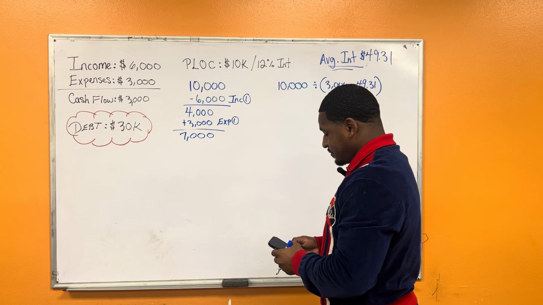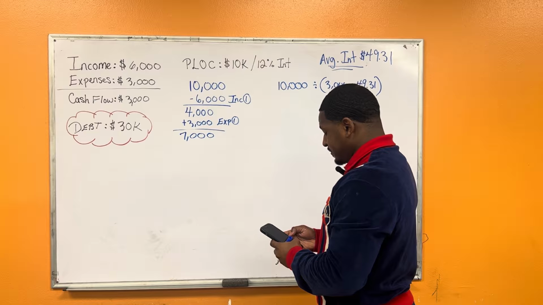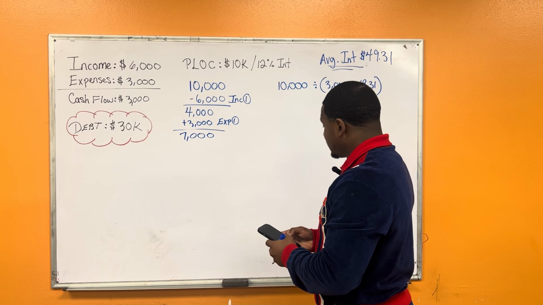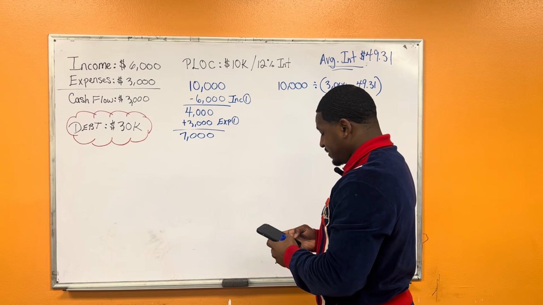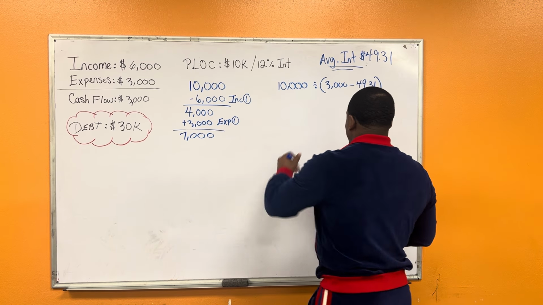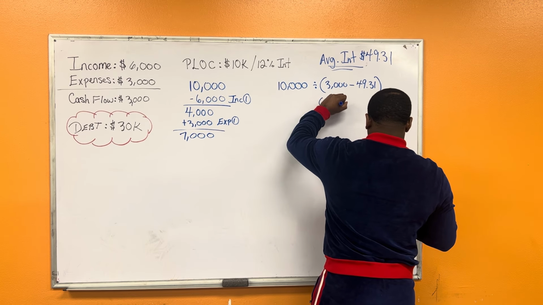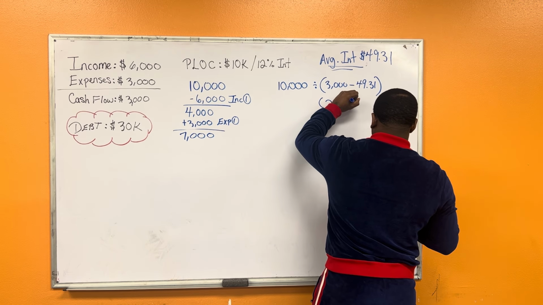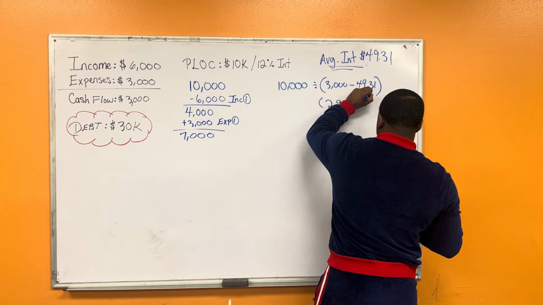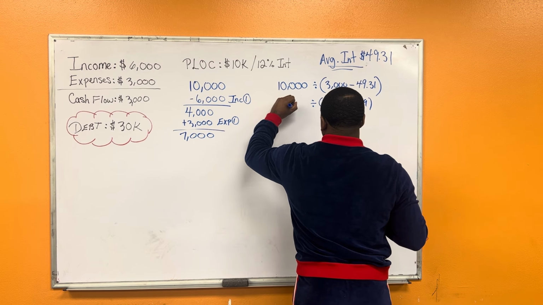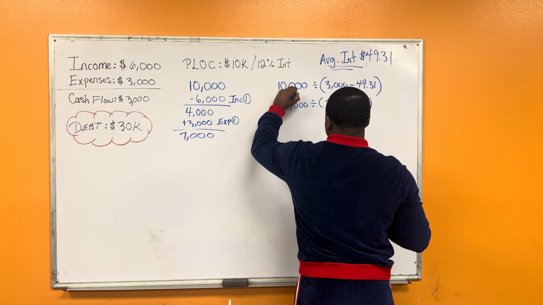With my calculator, the first thing I do is 3,000 minus 49.31, which is 2,950.69. Now I just bring this down.